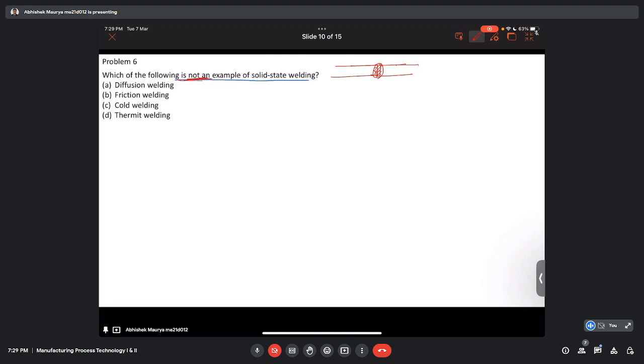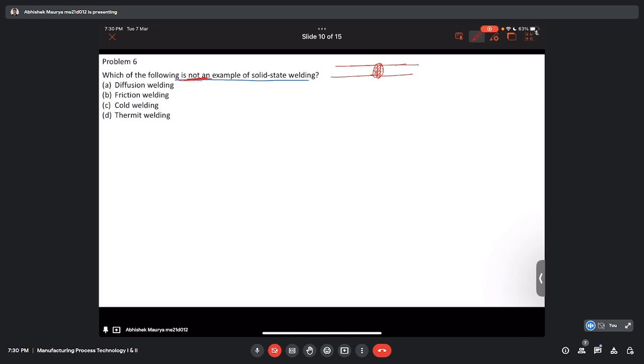So here we joined the metal by melting it. In melting, the material changes its phase from solid to liquid, so that is liquid state welding. In solid state welding, we try to join the material without entering into the molten phase.